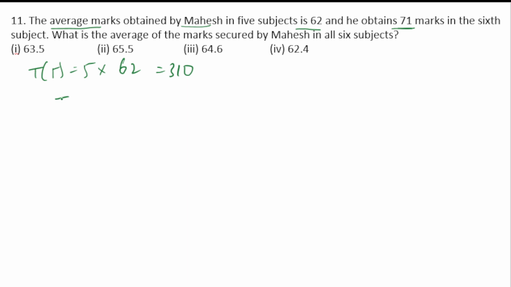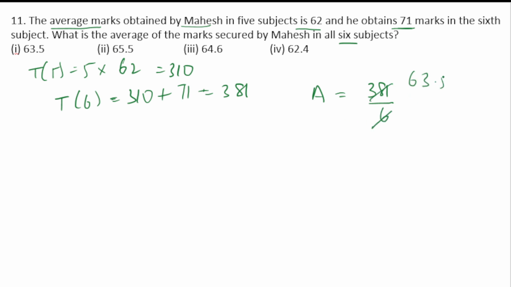So what is the total of 6 subjects? It is 310 plus 71, which is 381. We have to find the average marks obtained by him in 6 subjects. So what is the average? Total divided by the number of subjects, 6. It is 63.5. It is the first option.